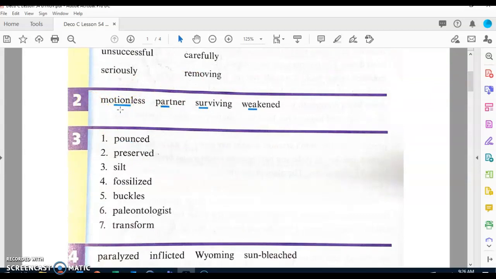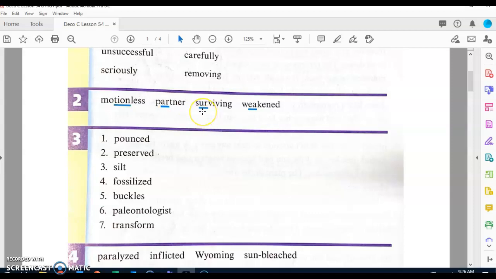Let's go ahead and go over part 2, boys and girls. First word. What's the underlined part? Shun. What word? Motionless. Next word. What's the underlined part? Are. Remember to hold it for 3 seconds. What word? Partner.